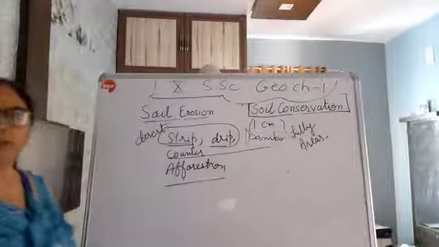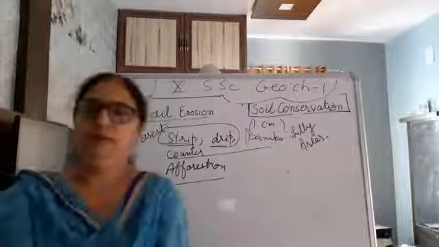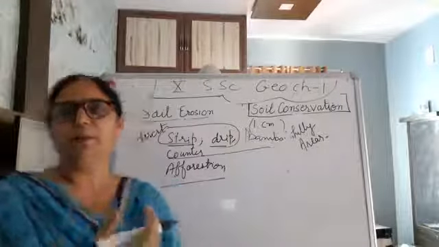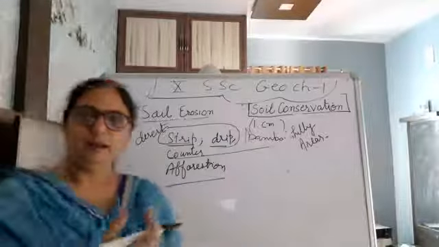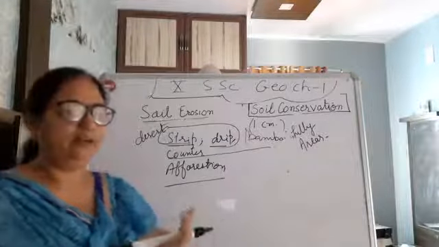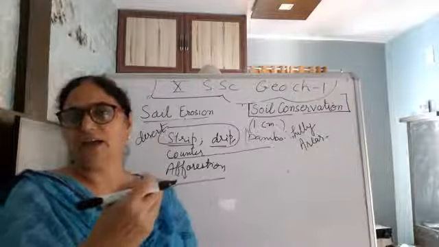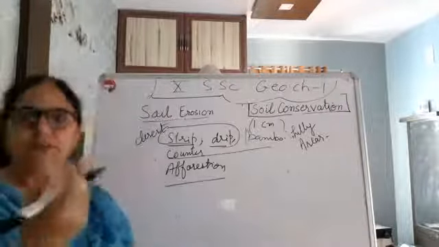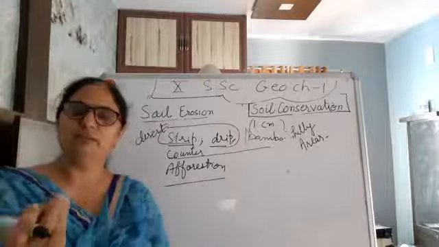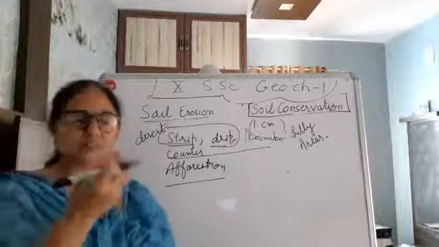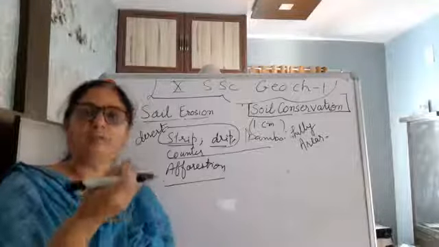Then afforestation, you say growing more and more trees. It should be everywhere. Like we celebrate plantation day, no? Plantation day, and one Mahotsav is there, and we usually celebrate in our school also. We say that whenever there is the birthday of your friend, you should gift him a plant.